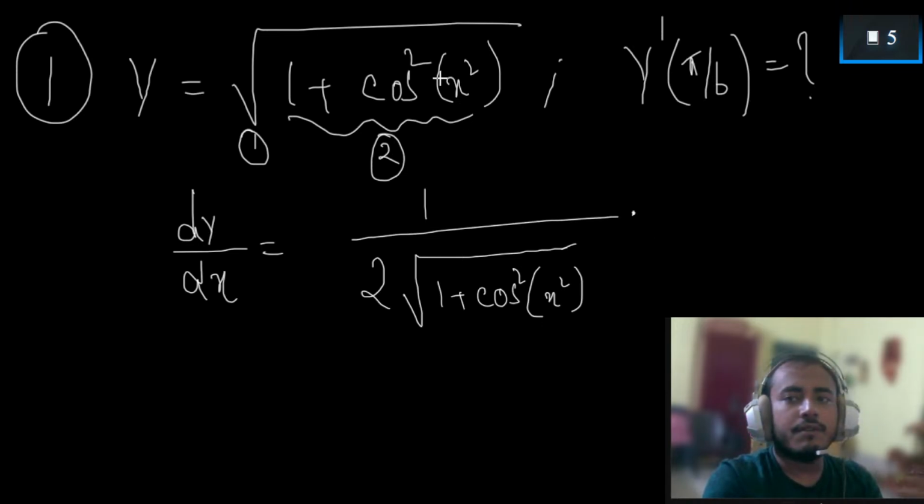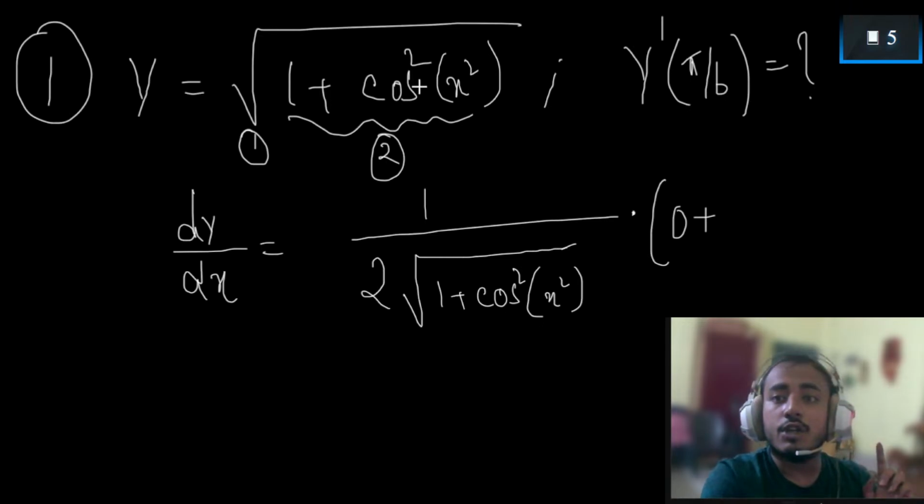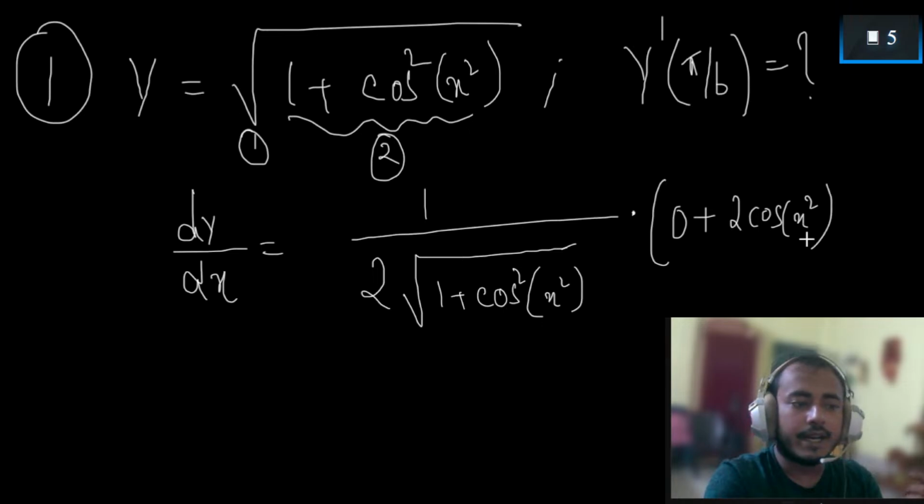multiplied by the derivative of 1 plus cos square of x square, which is 0, plus the derivative of cos square of x square. You can again do numbering here. The first function is square, because it is cos of x square whole squared. The outermost function is similar to x square, which is why the derivative should be 2x, or in other words, 2 into cos of x square, multiplied by the derivative of the next function, cos, which is minus sine of x square, and then for x square we have 2x.